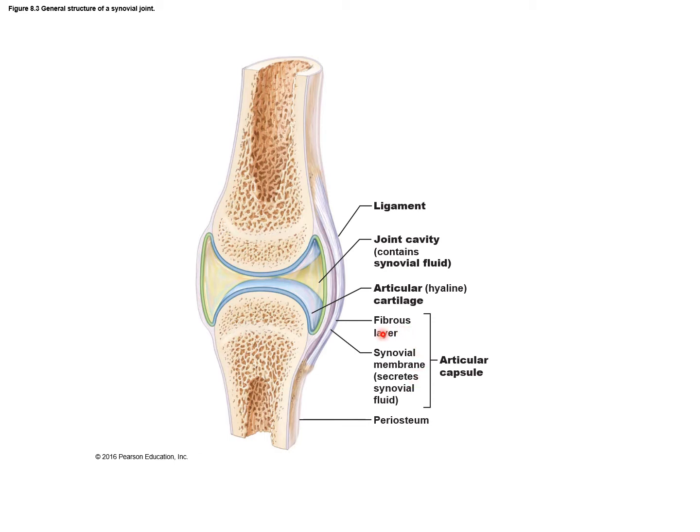You have a fibrous layer and you have a synovial or an internal layer. The fibrous layer, actually this little line should be pointing to this purple layer. I don't know if you can see that little light purple layer. That is actually the fibrous layer.